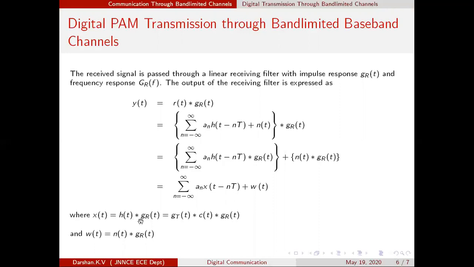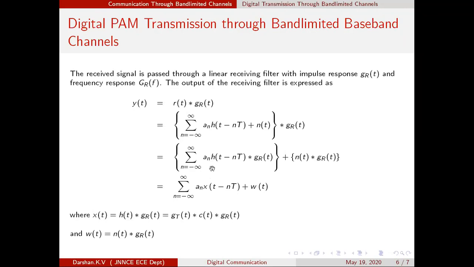So let us have a simplification step wherein let us write h of t convolved with g_R of t as x of t. What type of substitution are we going to do? h of t convolved with g_R of t, let it be expressed as x of t.